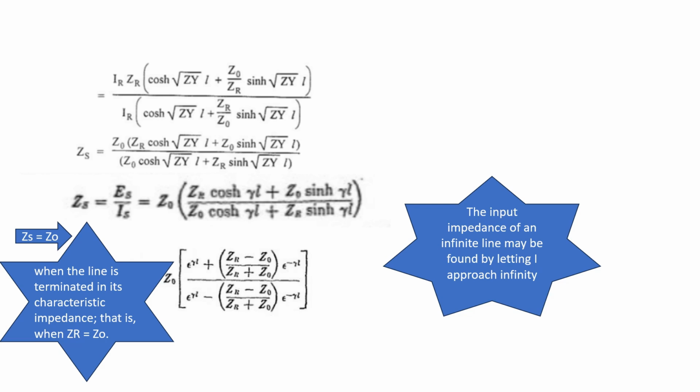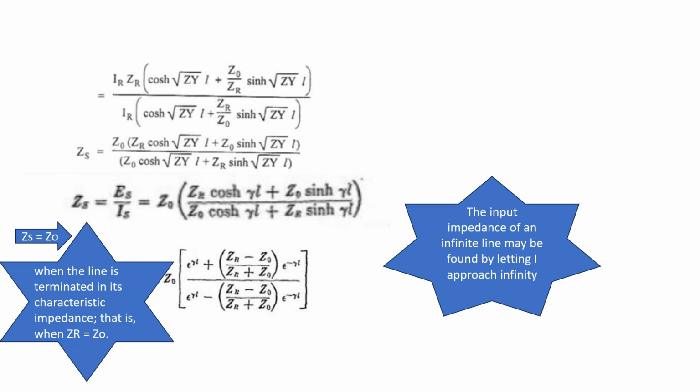Now we will find the condition for an infinite line. Infinite line means the length of the line becomes infinity. So to find the input impedance of an infinite line, we substitute L equal to infinity in this equation. To do that, we have to take e power gamma L outside the bracket in both numerator and denominator.